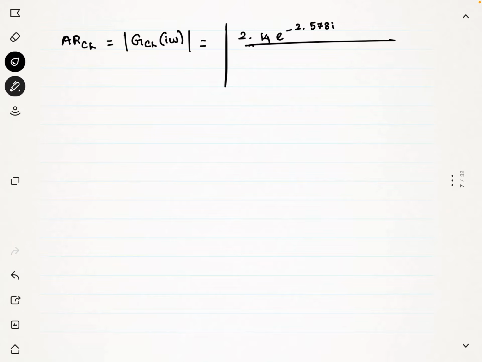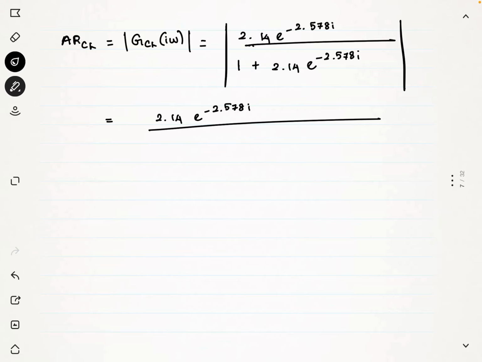So now the amplitude ratio of the closed loop will be equal to, at omega, I substitute 2.14 e power minus 2.578 i divided by 1 plus 2.14 e power minus 2.578 i. Here theta can be written as r cos theta plus i sin theta.